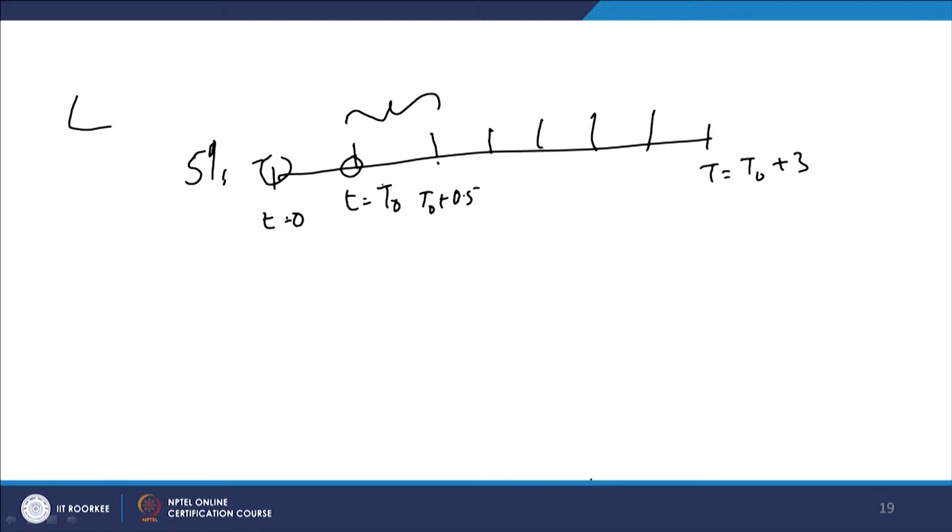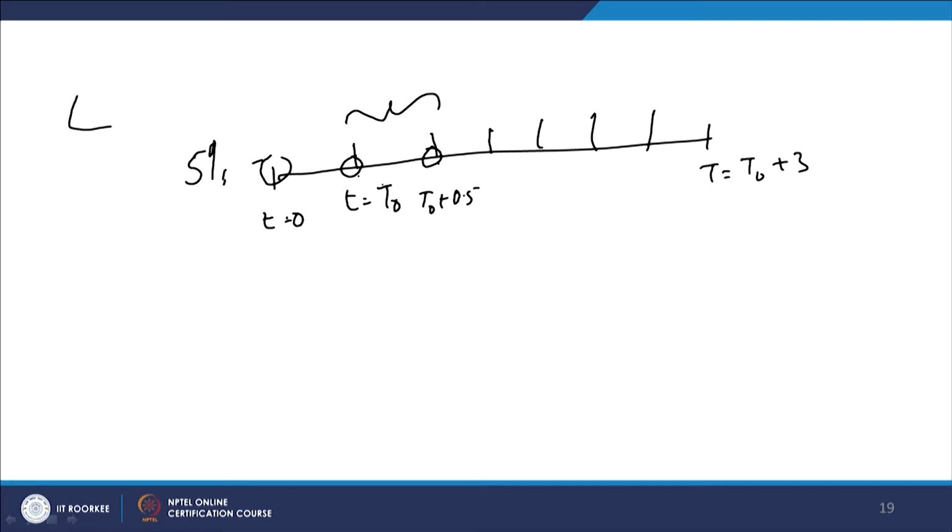Then what happens at this point, t equal to t0 plus 0.5: interest is calculated on this principal L at the rate of 5% per annum, that is 2.5% for this period, and also at the rate of LIBOR for the 6-month period, and whatever is the net cash flow between the two parties is exchanged.